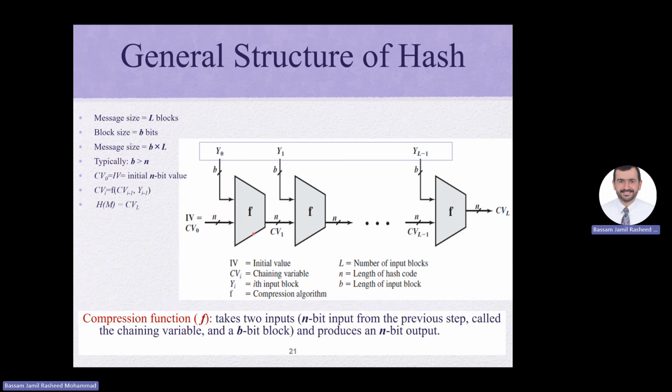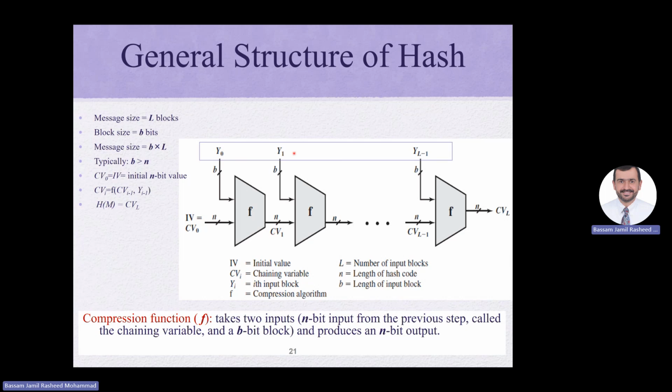We go through this hash function and it produces the chaining variable CV1. So this is CV0, at the first stage we have an initialization vector. We take the b bits from the block Y0 and the n bits from the initialization vector, crunch them in this hash function, and produce n bits for CV1.